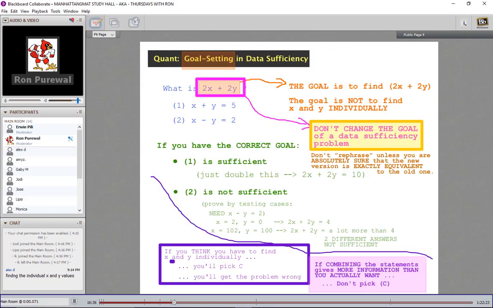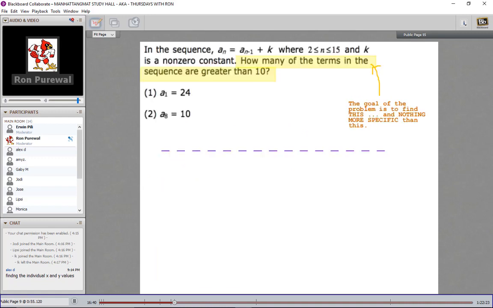Kind of like in this problem, you shouldn't end up with individual numbers for X and Y. Yeah, you should not end up with all the terms of the sequence. That's bad news bears if you do, right?